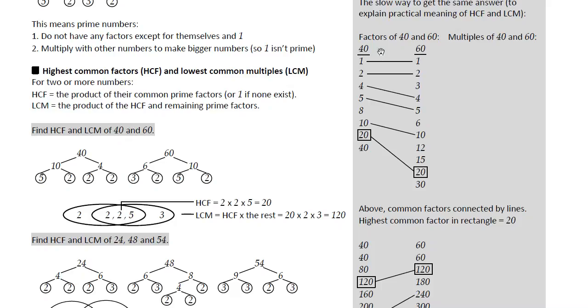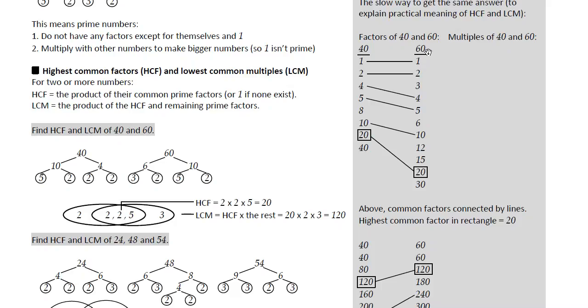So let's list the factors of 40 and 60. These are the factors of 40, and these, 1 2 3 4 5 6 10 12 15 20 and 30, are all factors of 60. And like I just said a minute ago, factors are things that go into another number.